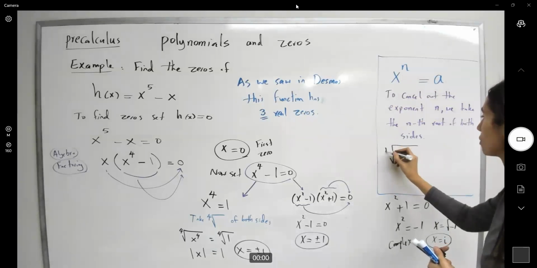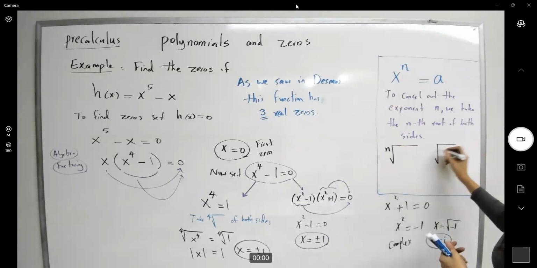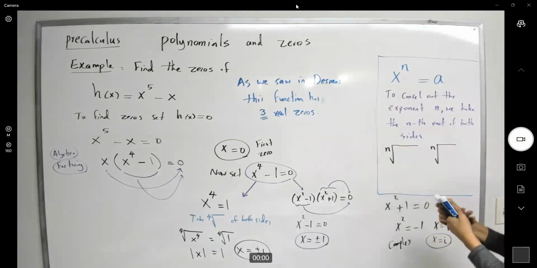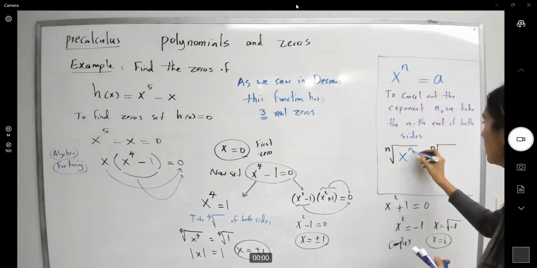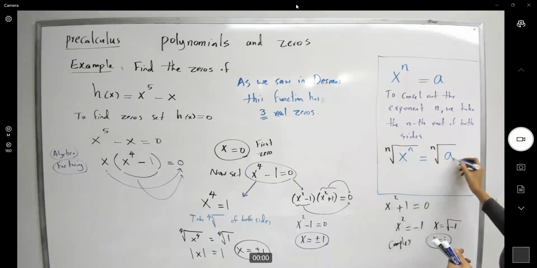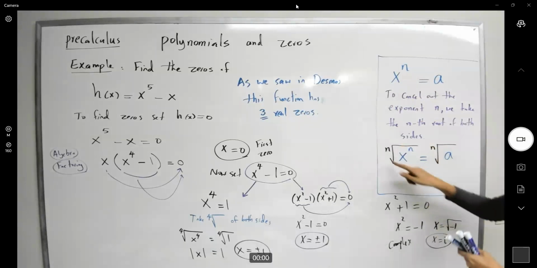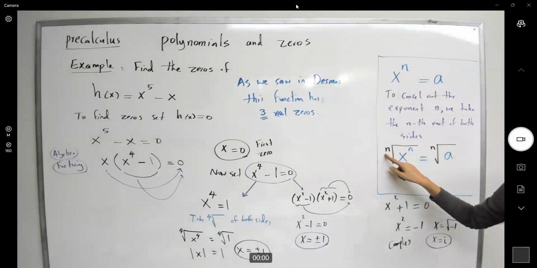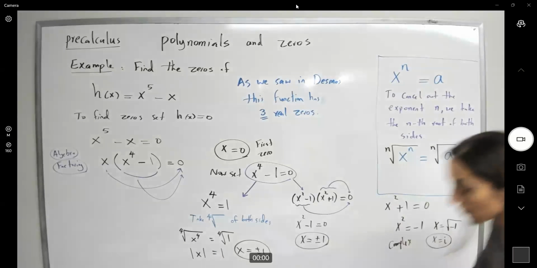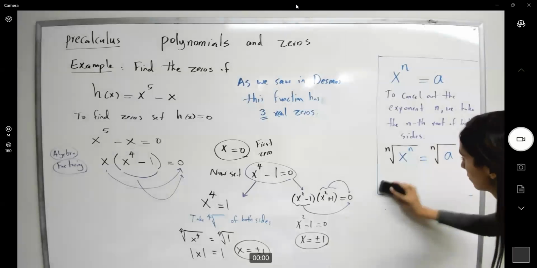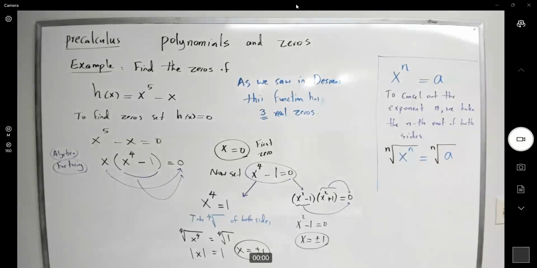The nth root of the left-hand side is equal to the nth root of the right-hand side. The nth root of the left-hand side is x to the n. On the right-hand side, you have the nth root of a. If n is even, you end up with an absolute value. So now you can divide this into 2 cases.